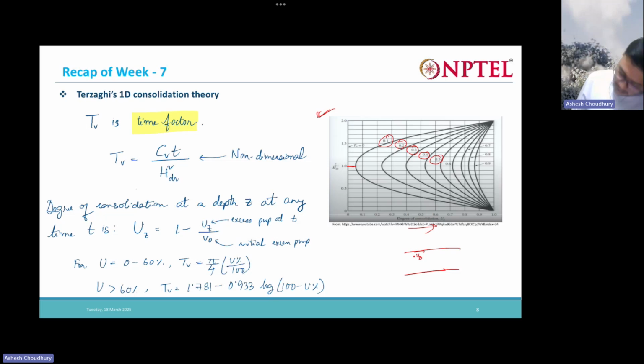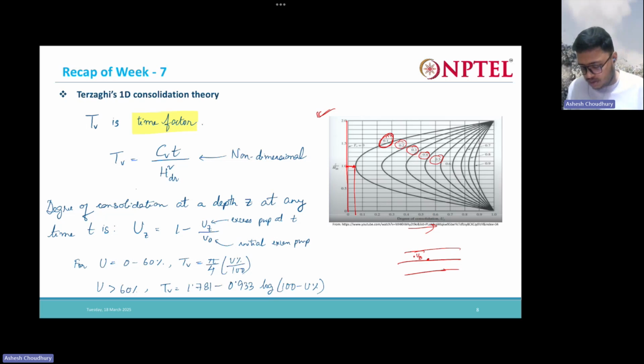At zero time, the degree of consolidation is 0. As you increase the time, the time factor will also increase. Say we have a time factor of 0.1: at the center, at the middle of the layer, we have the least degree of consolidation.